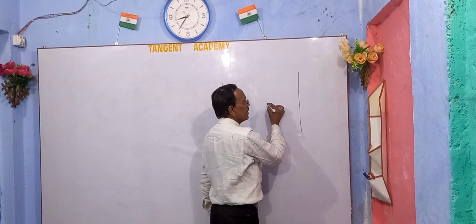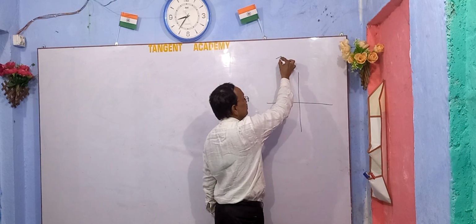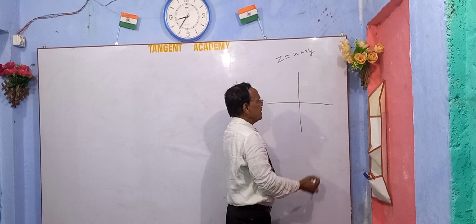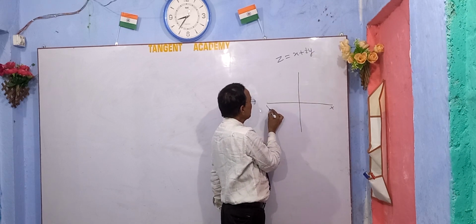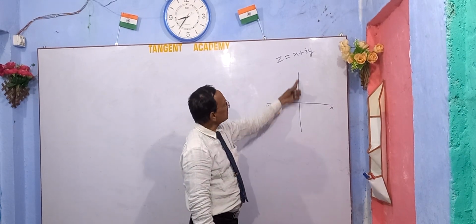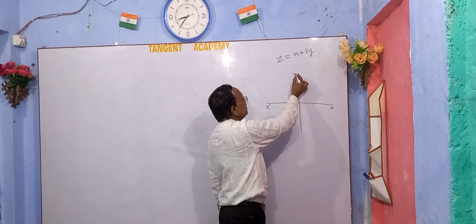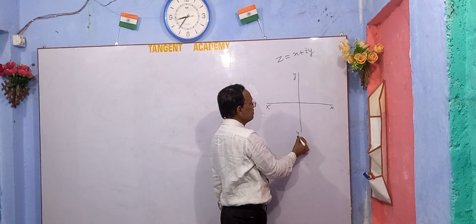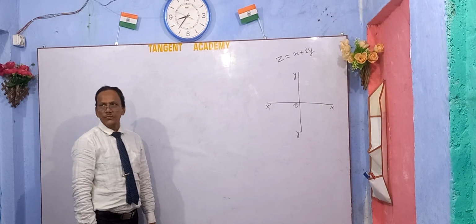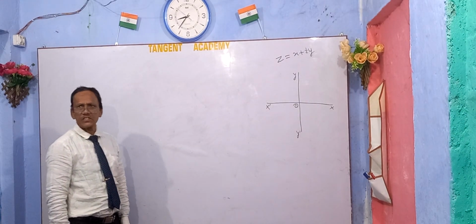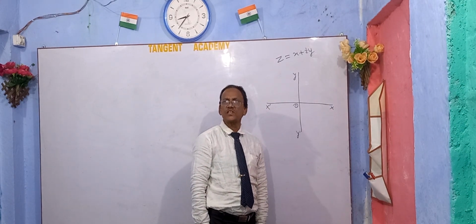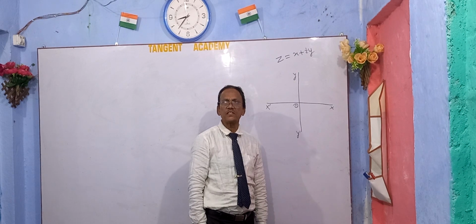Whenever I say z is equal to x plus iy, which is a complex number, then the x-axis is treated as the real axis and the y-axis is treated as the imaginary axis.